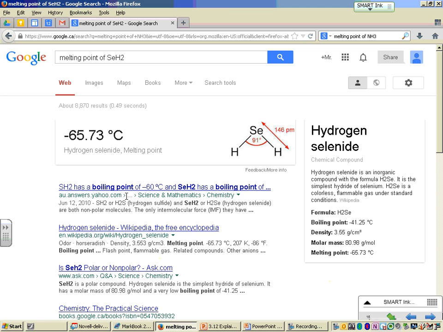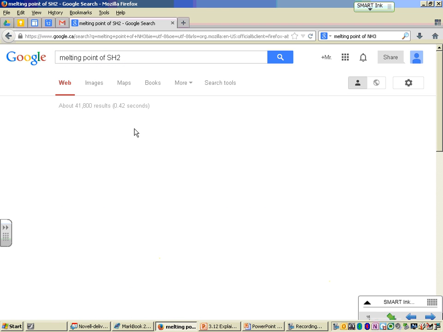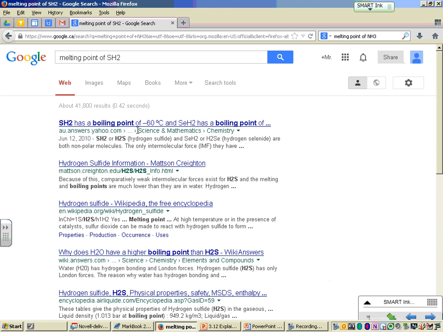H2S has a boiling point of negative 60. This is a melting point. Negative 60 is a boiling point. They don't even show a melting point. Water obviously has a melting point of 0.